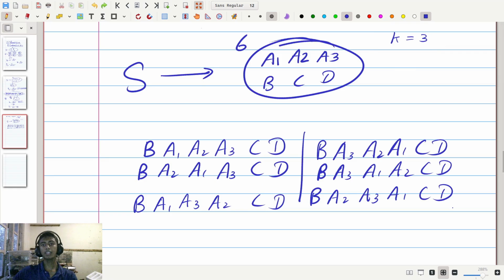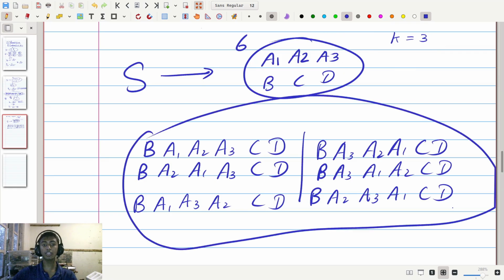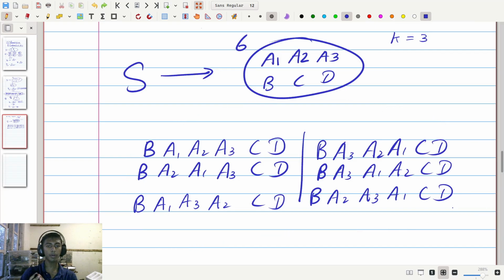We can see that we have 3 duplicates, and these 3 duplicates, if we consider these 6 permutations which are all corresponding to the same permutation, are actually coming from these 6 different subsets of the 3 A's that have been injected in the middle of this starting B and this CD. So you had the basic pattern B, something in the middle, CD, where that something in the middle is all 6 permutations of A1, A2 and A3.